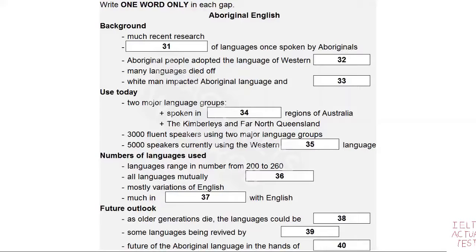Some linguists have suggested that there were literally hundreds of languages spoken by the indigenous or Aboriginal people. European settlers who came to the continent of Australia brought with them their own language, and this was adopted by the Aboriginal people. As a result, many of the languages used by the Aboriginals died off.